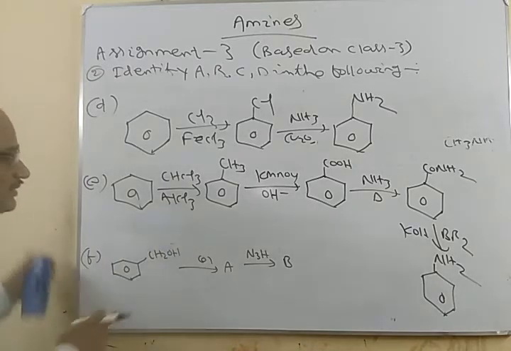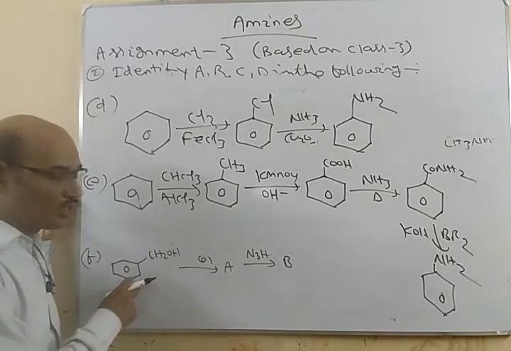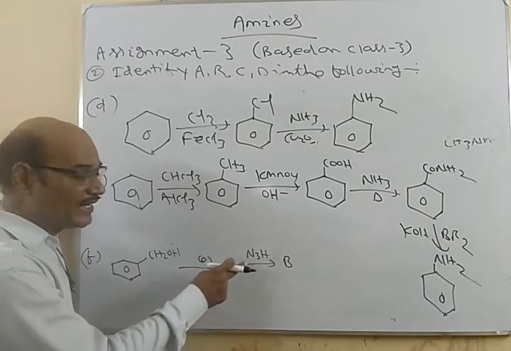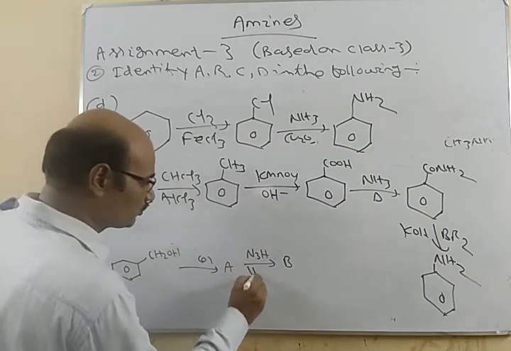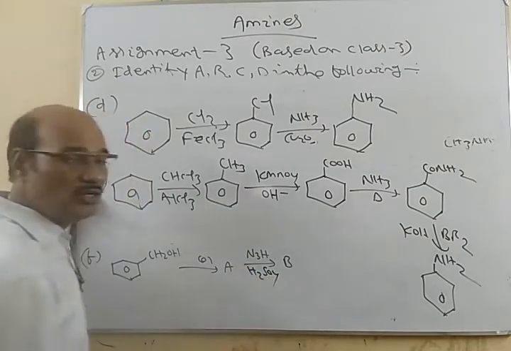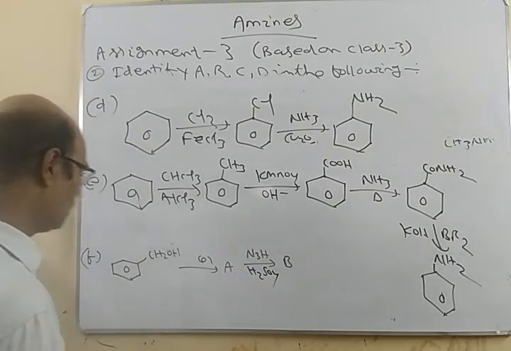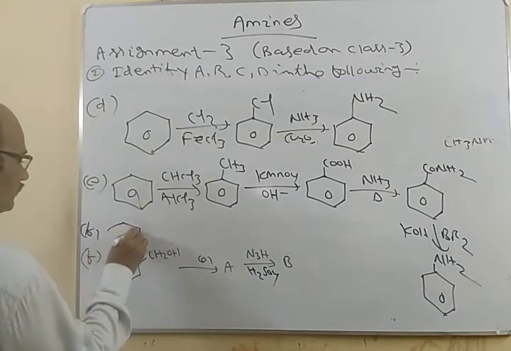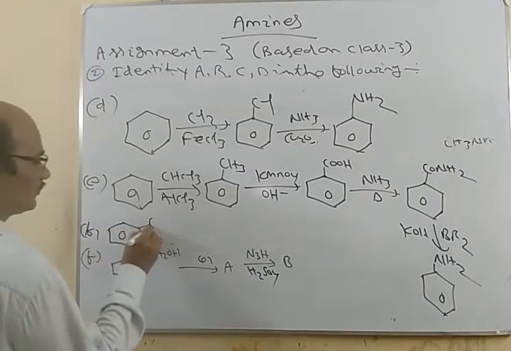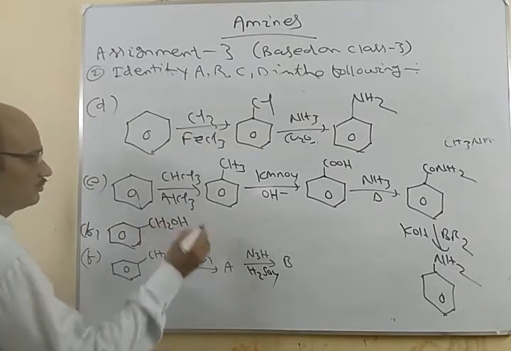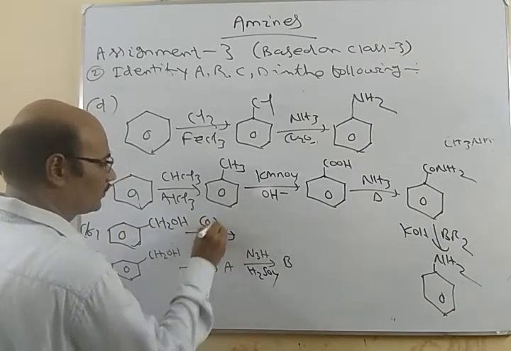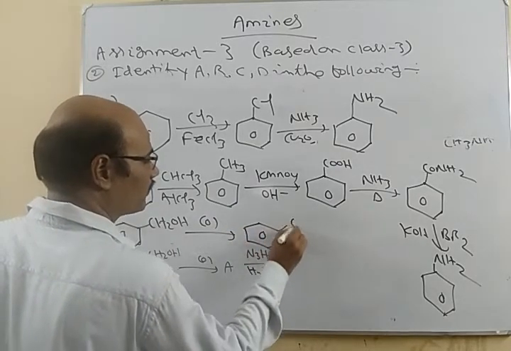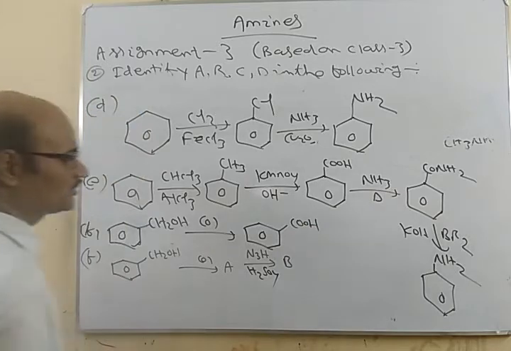And now benzyl alcohol undergoes oxidation to give what? Benzoic acid. Benzoic acid with hydrazoic acid, N3H, and sulfuric acid gives what? Aniline with one carbon less. So what is this one? F. Benzyl alcohol, oxidation will be what? Benzoic acid.